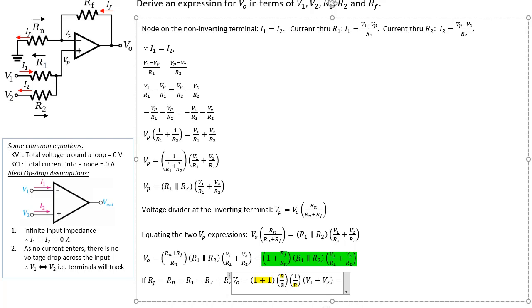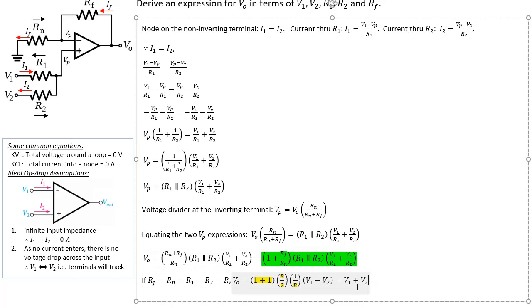So that's also gone. What's left is basically just V1 plus V2. So once you have all the resistors the same, our expression for VO simply becomes V1 plus V2. So this is, if you like, a non-inverting sum.